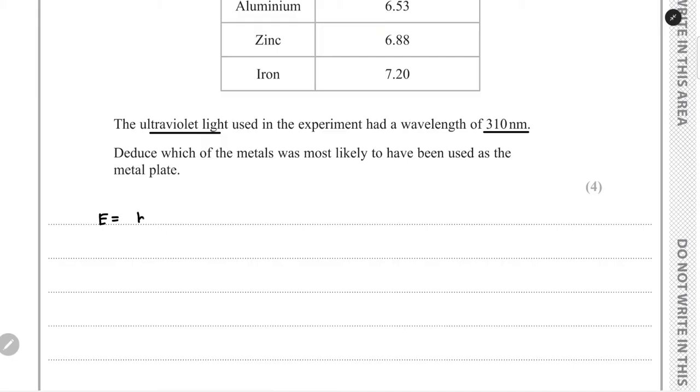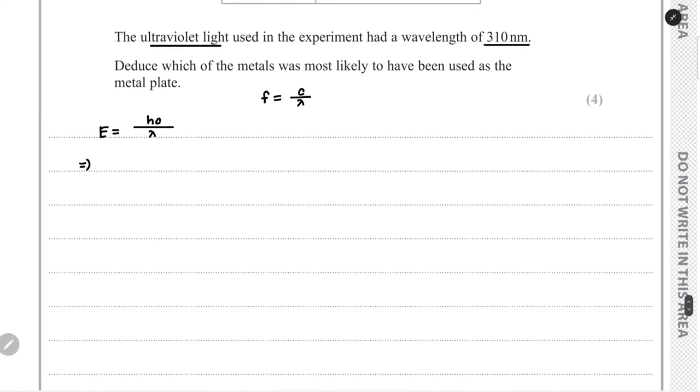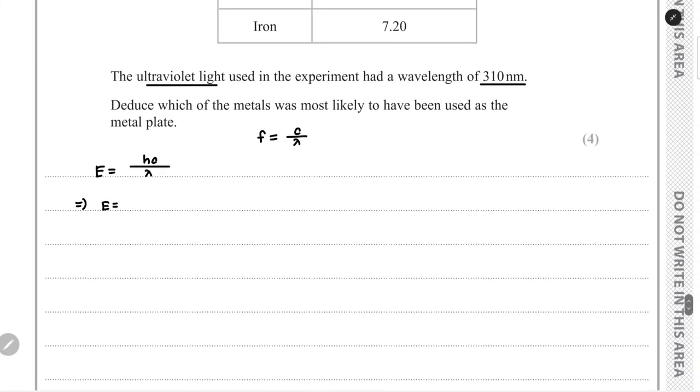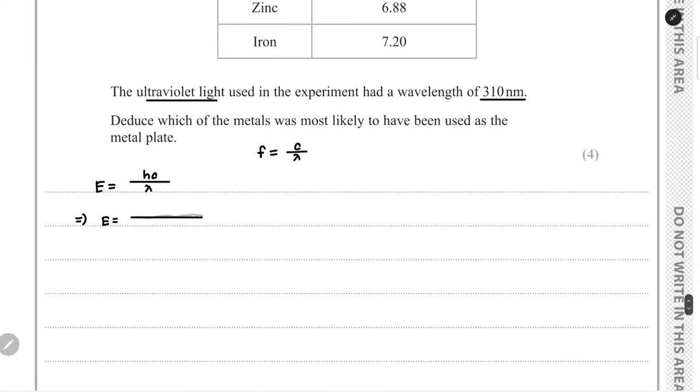The main equation is h times frequency, Planck's constant times frequency, but we also know that the frequency is the speed of light divided by the wavelength for electromagnetic waves. So we have hc by lambda. So the energy of the photons would be 6.63 into 10 to the power -34 multiplied by 3 into 10 to the power 8 divided by 310 nanometers, so 10 to the power -9.